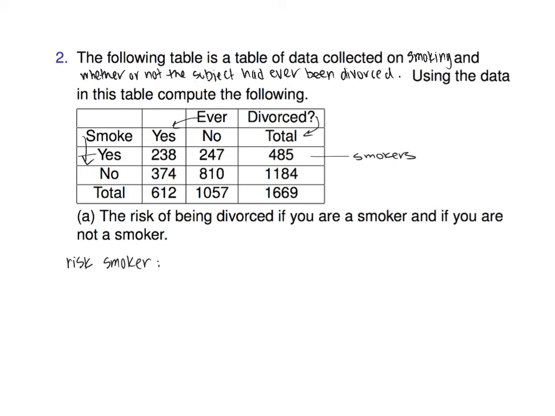This is the smokers. So the number of smokers who have been divorced is 238 divided by the total number of smokers, which is 485. That works out to be approximately, let's just do 3 decimal places, so 238 divided by 485 is 0.491.